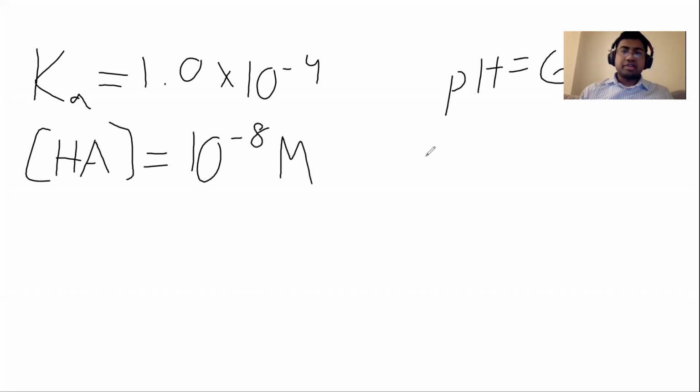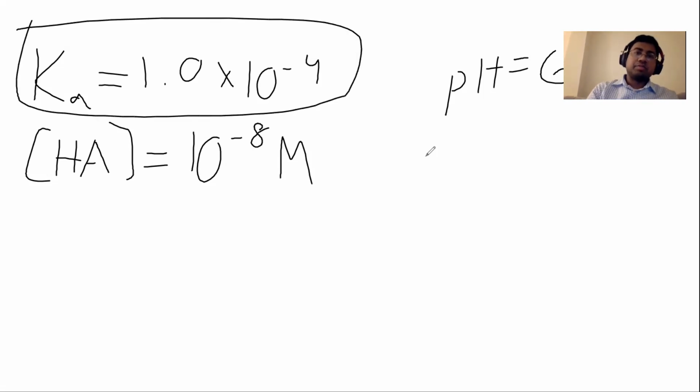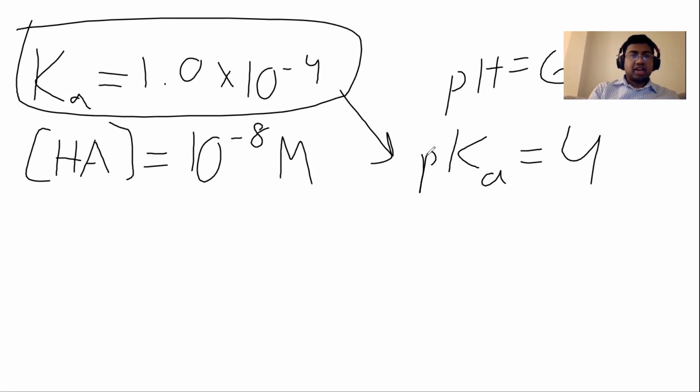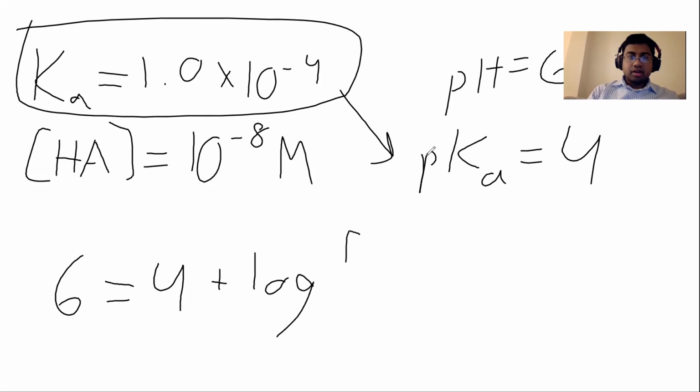Okay, so if we plug this in, we have our Henderson-Hasselbalch equation. Let's say that we first convert our Ka into pKa, and that's going to be 4. And so we have 6, which is our pH, equals pKa of 4 plus log of A minus over 10 to the negative 8.